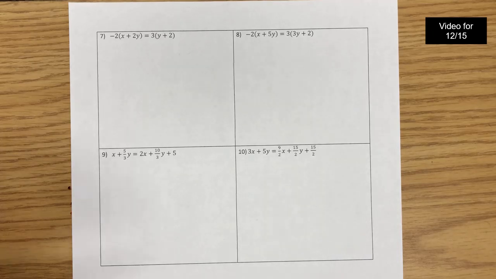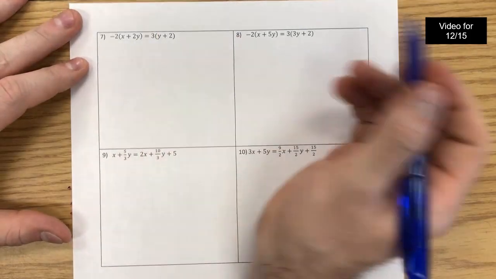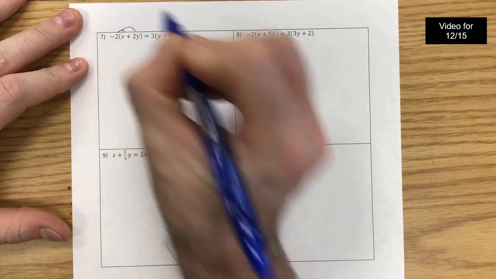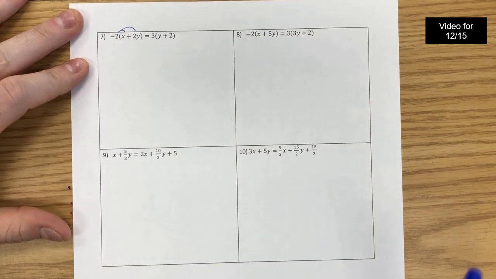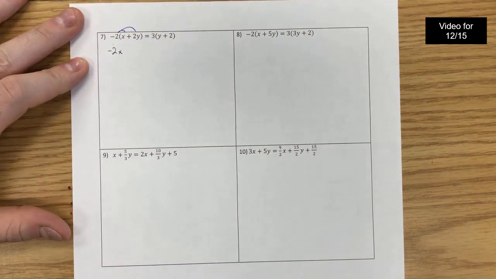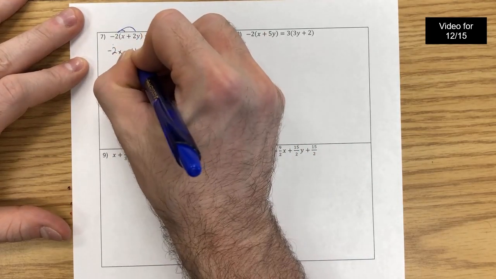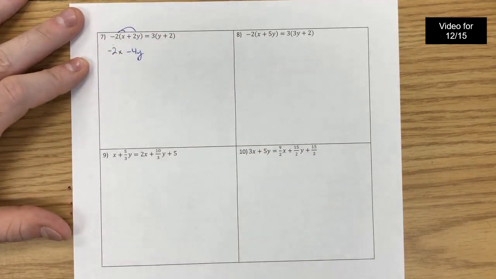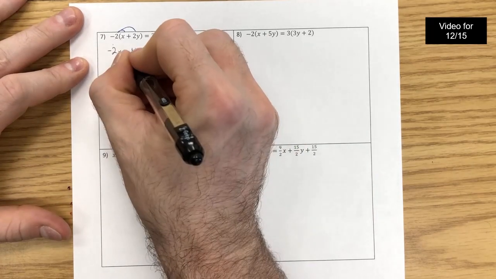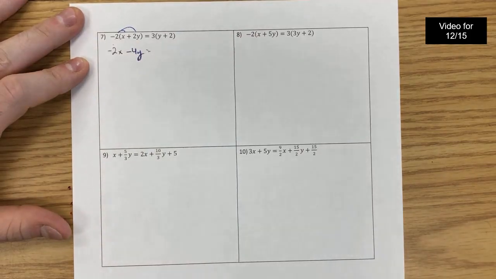Okay, so let's see how we're doing here. So with this one, there's no fractions to get rid of. All I need to do is distribute. So I know that my negative 2 times x is going to give me a negative 2x. I know that my negative 2 times my y is negative 4y. Okay.